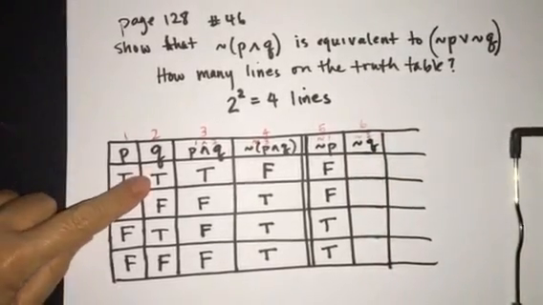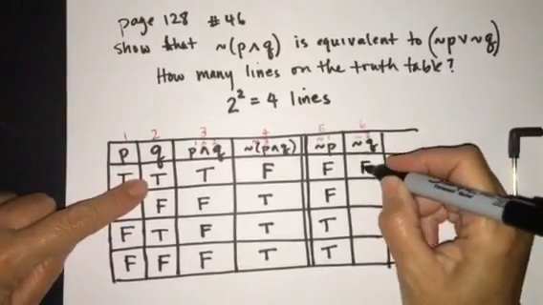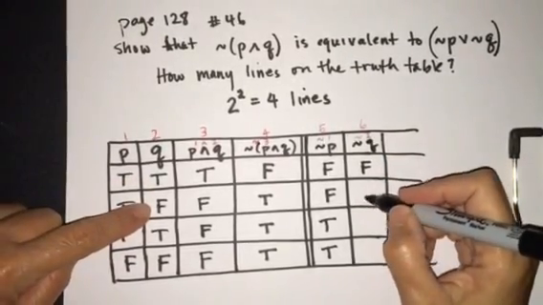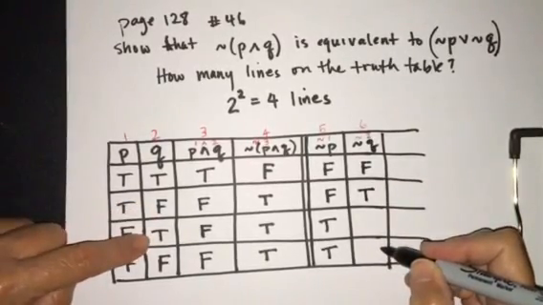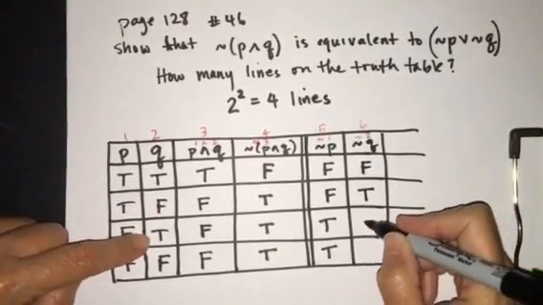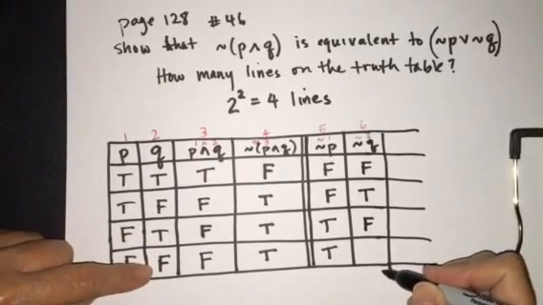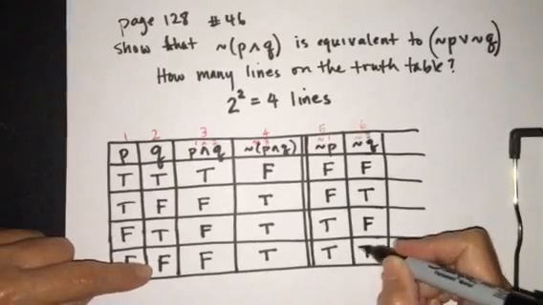So column 2, the first line there is a T. Column 6 will be an F. In column 2, there's an F, so column 6 will be a T. The next line, column 2 is a T, so column 6 will be an F. And the fourth line, column 2 is F, so column 6 will be a T.